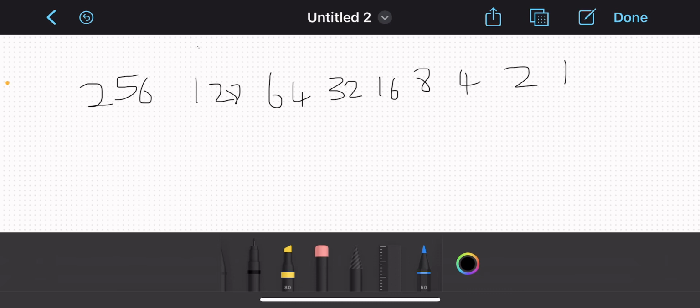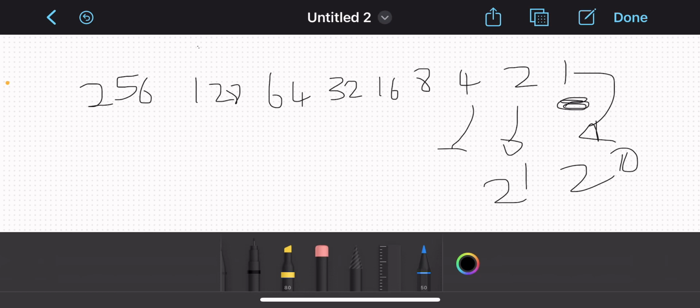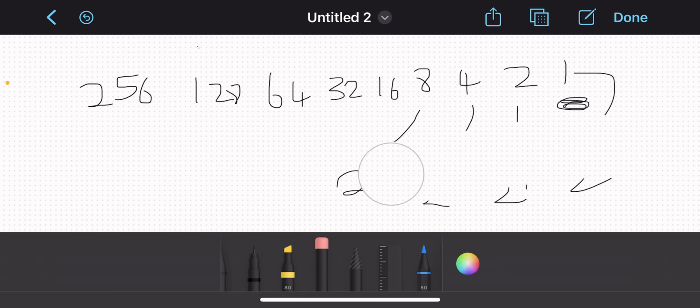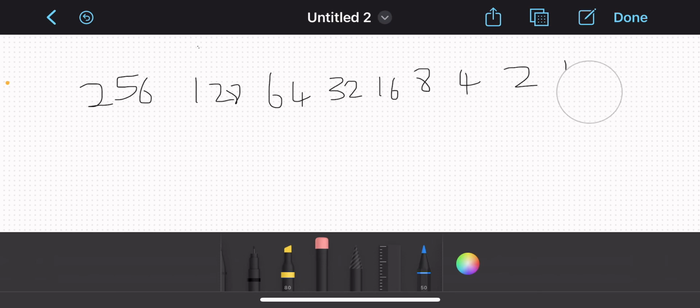So this is 2 to the power of 0, this one is the result of 2 to the power of 1, the result of 2 to the power of 2, 2 to the power of 3, and so forth. Okay, so these numbers are important.